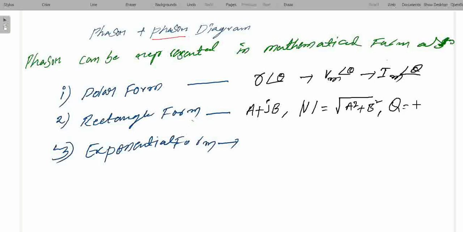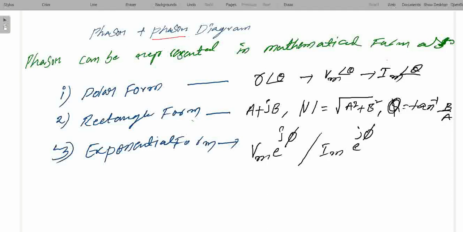Phi, the phase angle, is equal to tan inverse of B by A. In exponential form, it is represented as Vm into e power j phi, or Im into e power j phi. So this is your polar form, rectangular form, and exponential form.